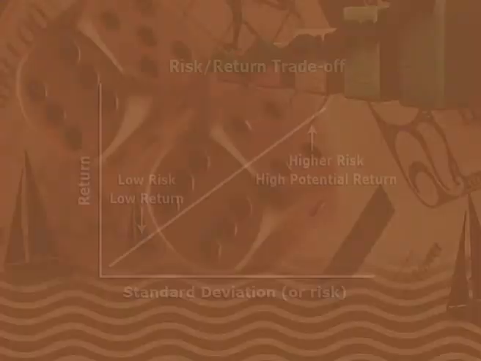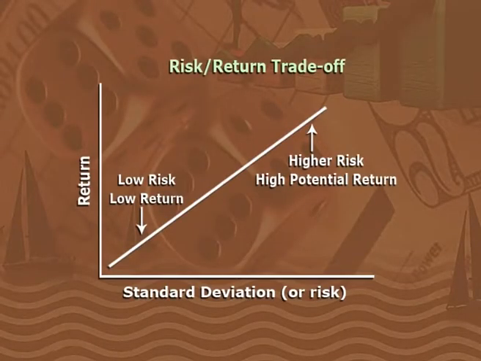The expected rate of return of an investment reflects the return an investor anticipates receiving from an investment. The greater the risk, the greater would be the compensation expected. Investments that carry low risks generally offer low returns in comparison to the ones which involve high risk. The figure here indicates the risk-return relationship.